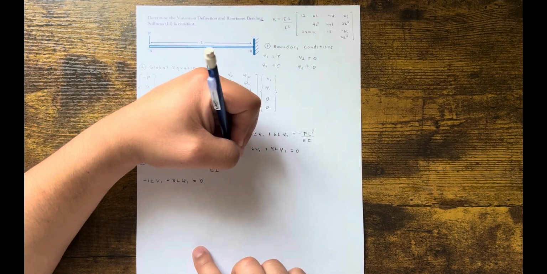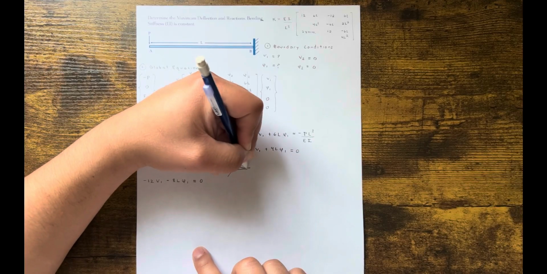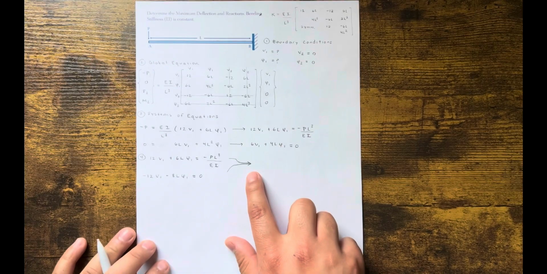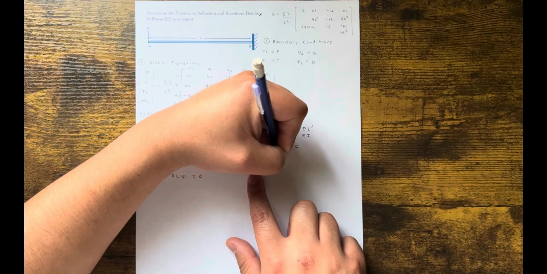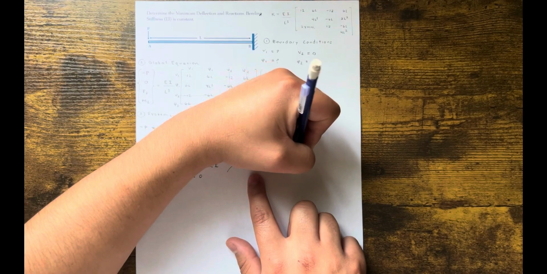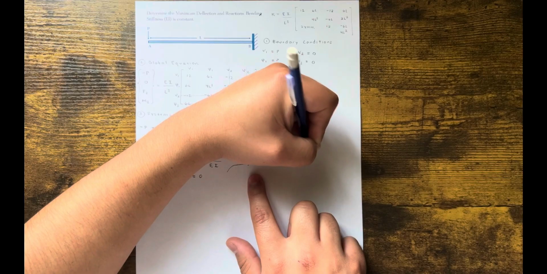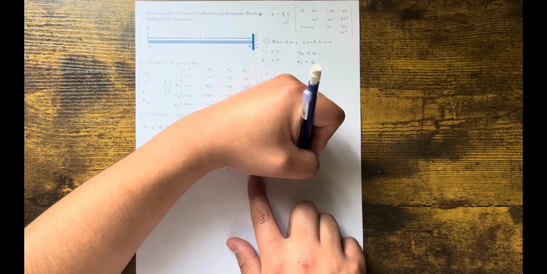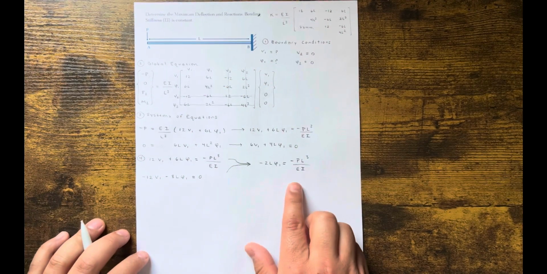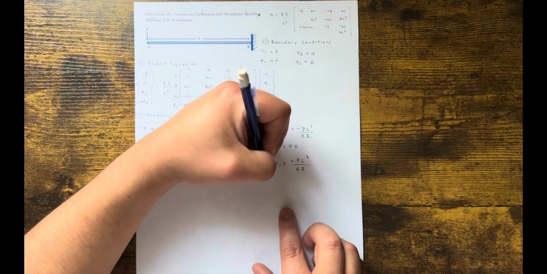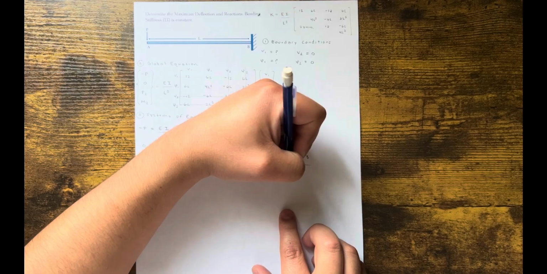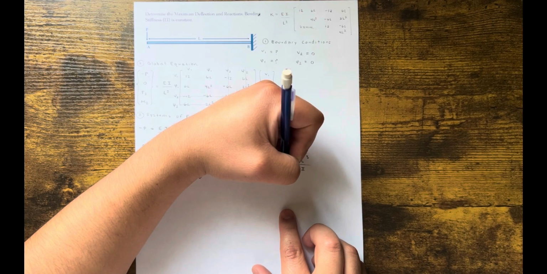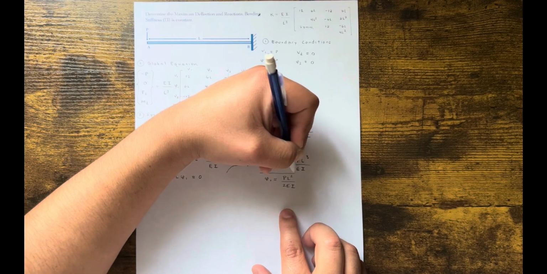You are going to get -2L V1 equals -PL cubed over EI. Then solve for V1, and you will get PL squared over 2EI. And boom, we got V1.